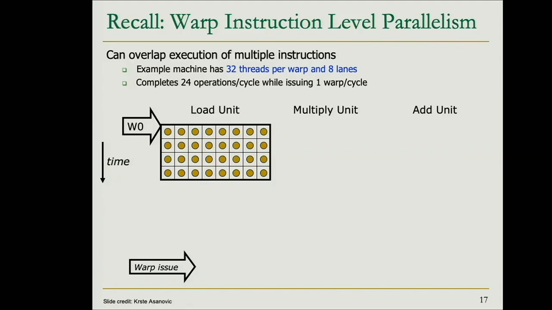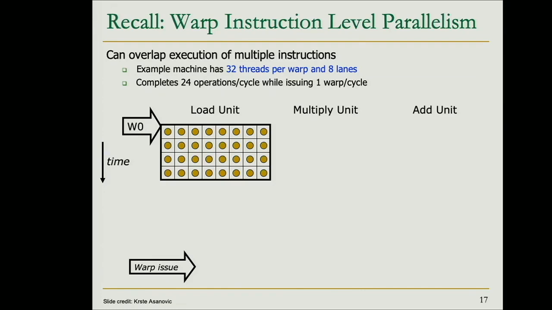So in this example, we have 8 lanes. If we want to execute 32 threads, what we will have to do is launch 8, 8, 8, 8, up to 32. So in every cycle, we will start executing 8 threads. And this would be like the first instruction.